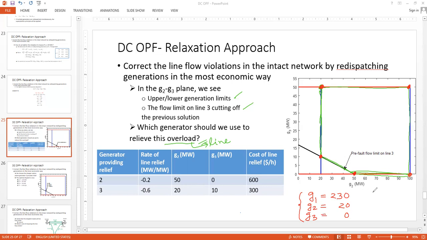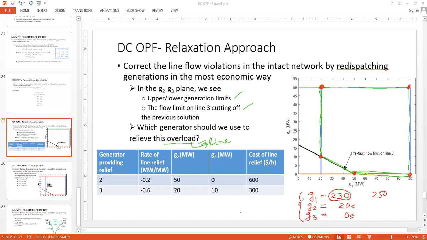Because our demand is 250. Minimum G3 can support is 0, it's fine. But the minimum G2 can support is 20. So the maximum we can take from G1 for satisfying this 250 is only 230. So G1 here is playing no further part.